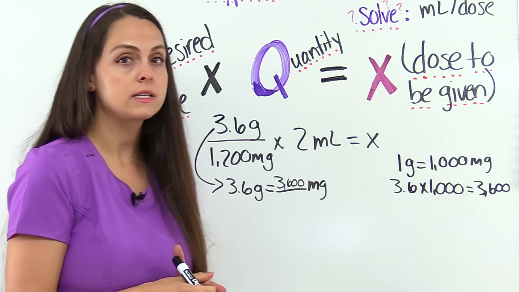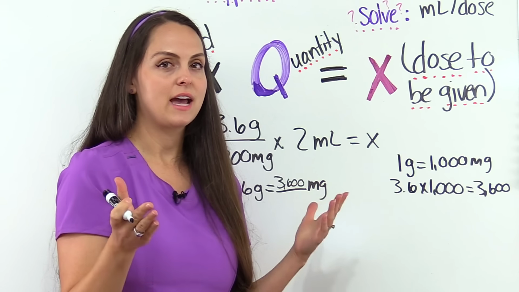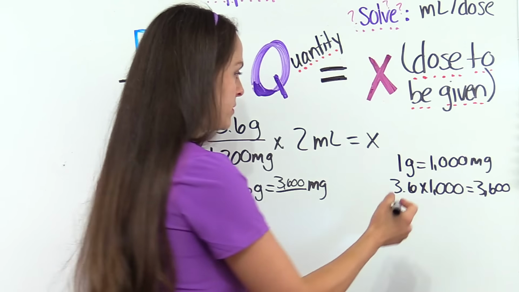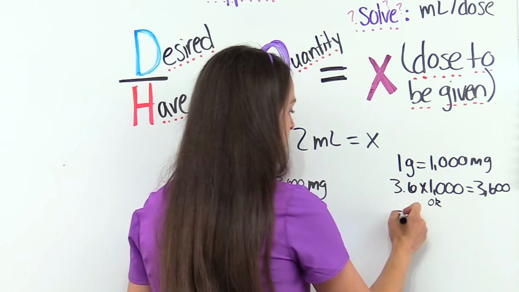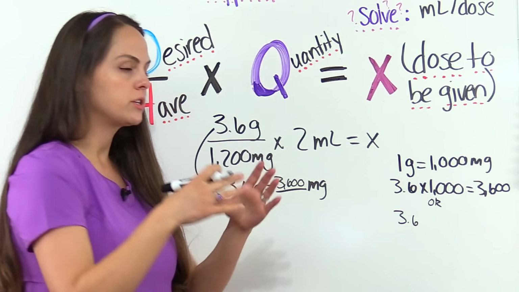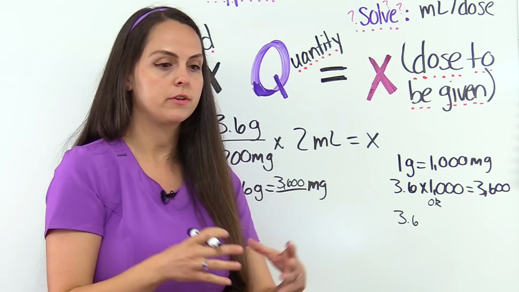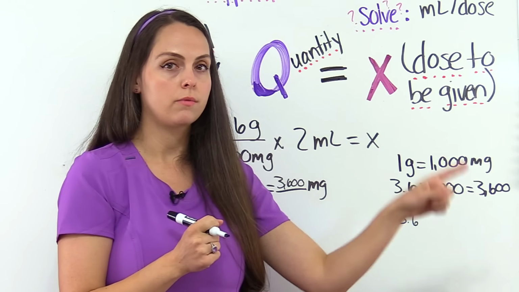Or you can do the decimal method where you don't have to multiply because it's the same exact way of saying multiplied by 1,000, but it's just a little bit simpler. It's like a little trick. So we have 3.6, and because we are going from grams, which is bigger, to milligrams, which is smaller, we're going to move the decimal to the right.